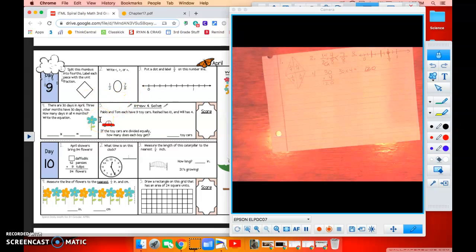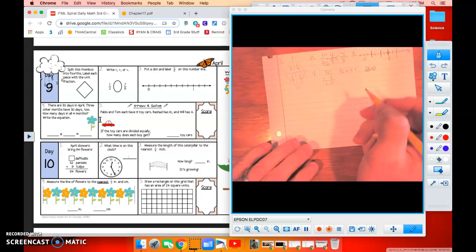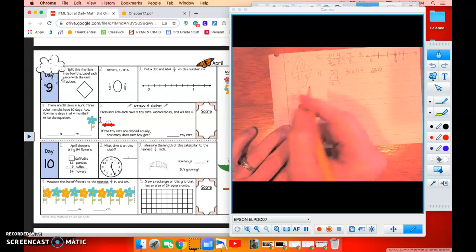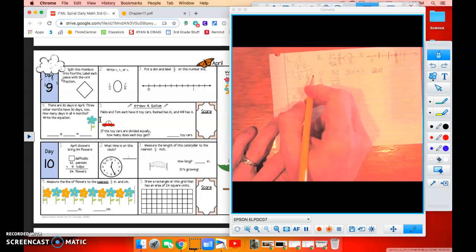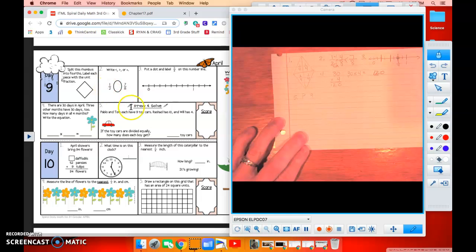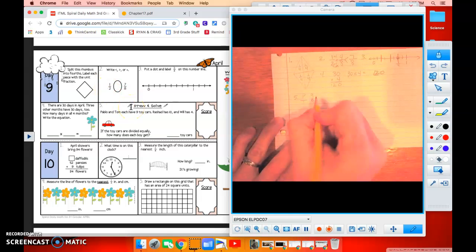Number 5: Draw and solve. Pablo and Tom each have 9 cars. Rashad has 10, and Will has 4. This is a good one. I like it. So Pablo has 9, and Tom has 9.